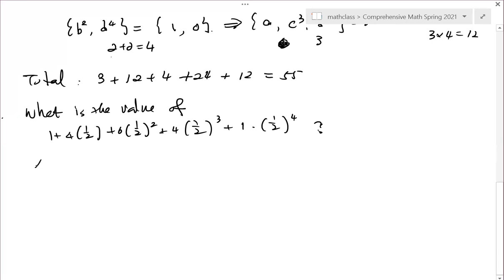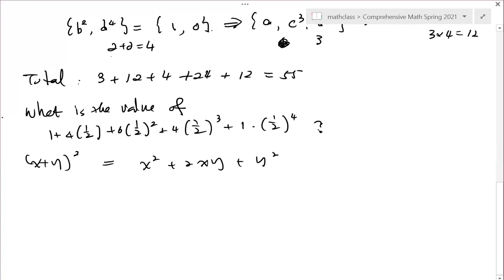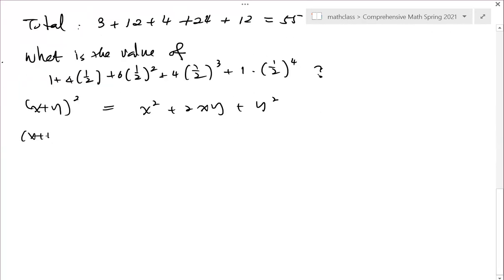x plus y squared is going to be x squared plus 2xy plus y squared, and x plus y cubed is going to be x cubed plus 3x squared y plus 3xy squared plus y cubed.